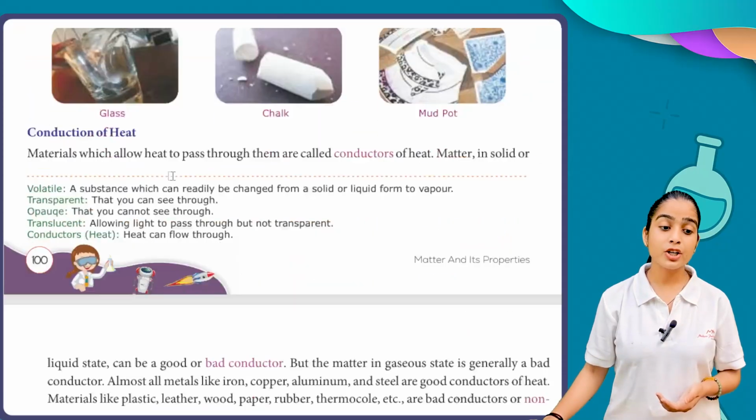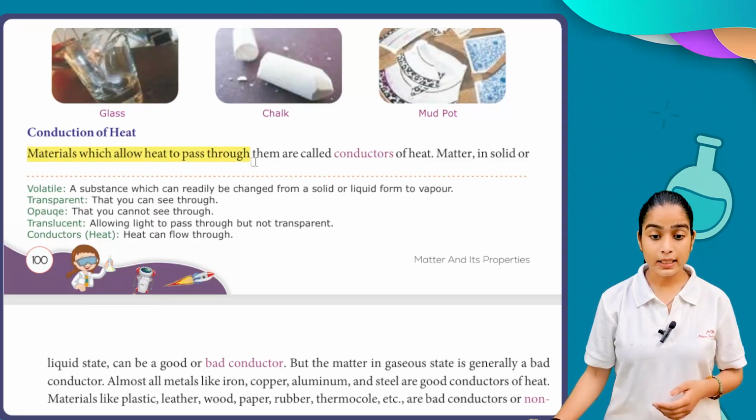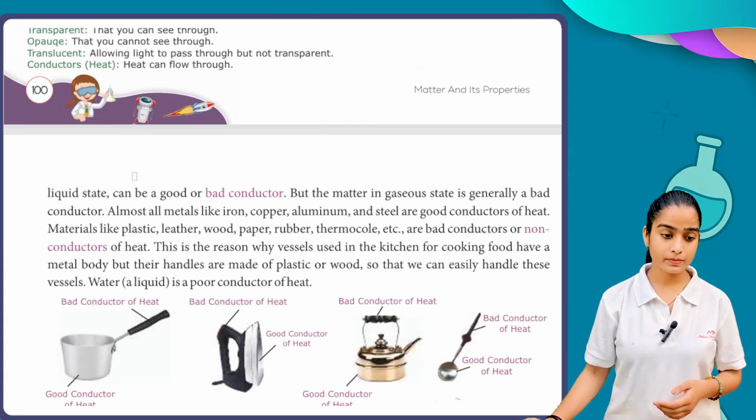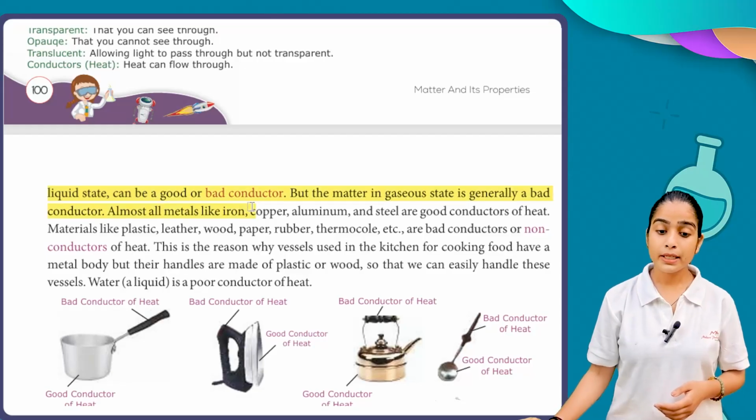Now we have conduction of heat. Materials which allow heat to pass through them are called conductors of heat. Matter in a solid or liquid state can be a good or bad conductor, but matter in a gaseous state is generally a bad conductor. Almost all metals like iron, copper, aluminum and steel are good conductors of heat.